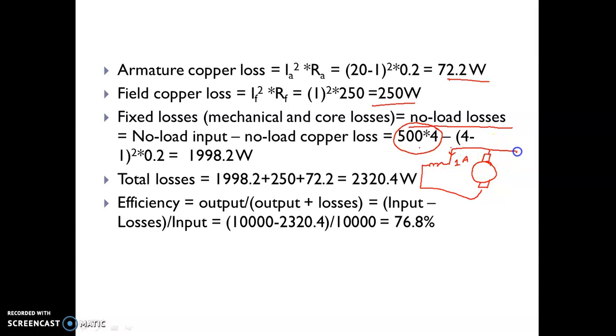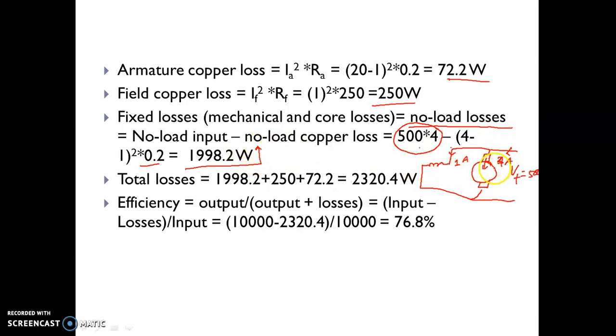Here the no load current is 4 ampere, and this voltage Vt is 500. So 1 ampere goes to the field, and the remaining 3 ampere will go in the armature. So input power minus 3 square into 0.2, it will come like this. So this much loss will be your no load loss or fixed loss.